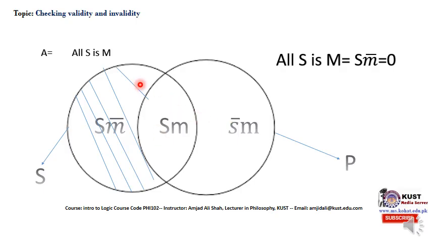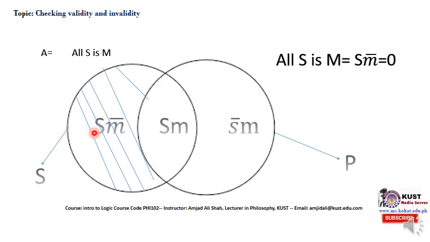So if we want to diagram All S is M, we use those terms, because in syllogism the middle term appears in both of the premises. If I say All S is M, so it's SM bar, SM, S bar M.